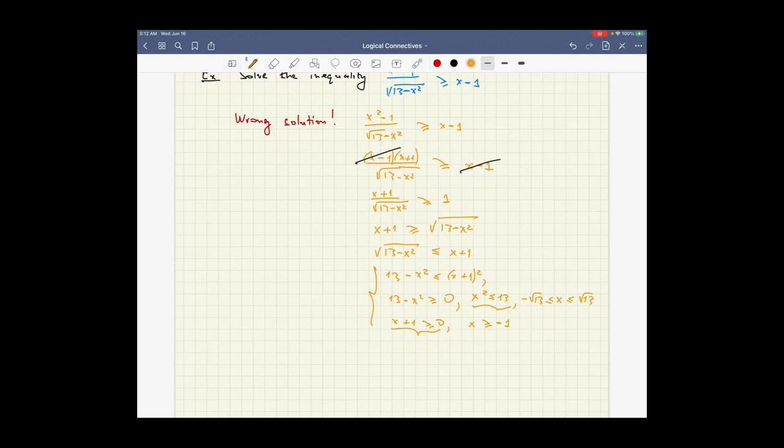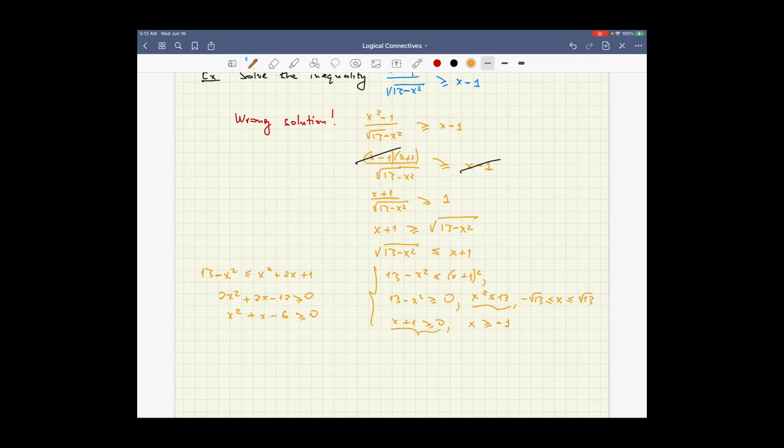And this here requires a little bit of algebra. So 13 minus x squared less or equal than x squared plus 2x plus 1. So we have 2x squared plus 2x minus 12 greater or equal than 0, and I can cancel by 2. When I cancel by 2, I get x squared plus x minus 6 greater or equal than 0.